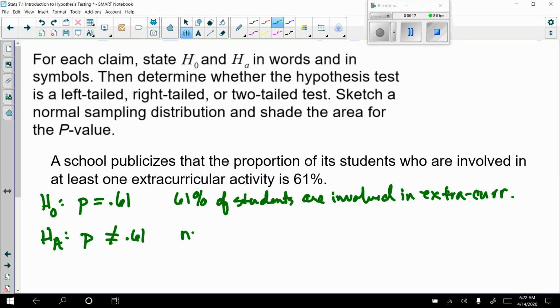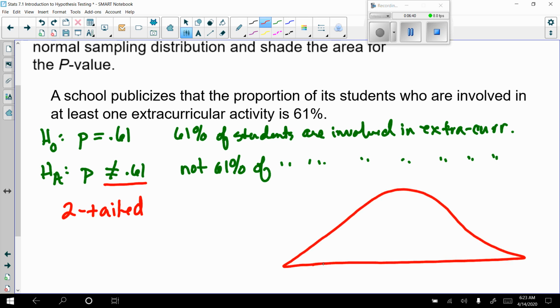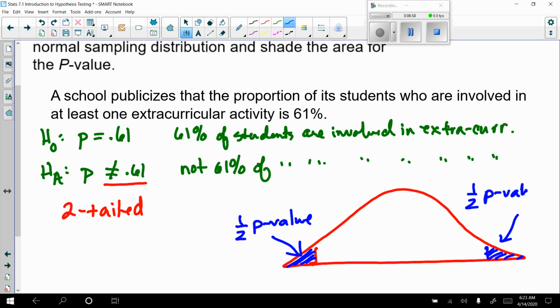So not 61% of students are involved in extracurricular activities. Since this alternate hypothesis has a not equal sign in it, that means it's two-tailed. That means that our distribution is going to have a left tail and a right tail, where this will be 1/2 of the p-value on the left, and this will be 1/2 of the p-value on the right.